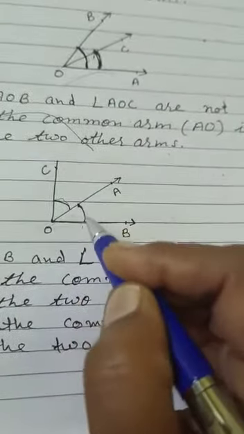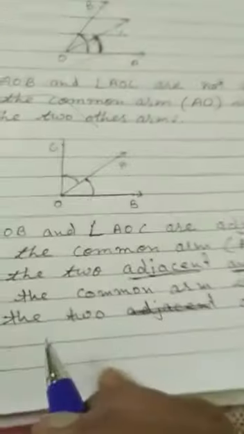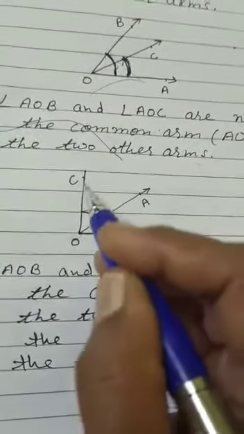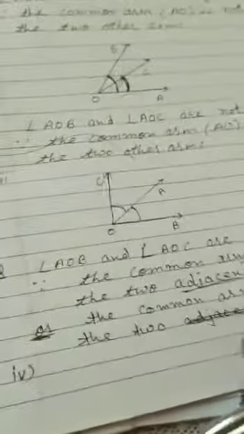This arm is in between the two adjacent angles, or the common arm OA is between the two other arms. Now we will take the next figure, that is the fourth figure.